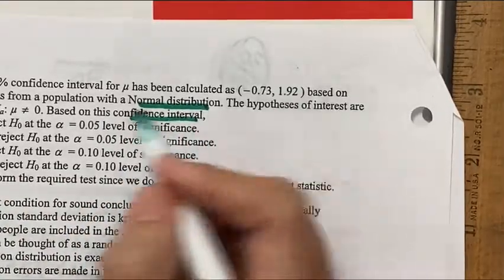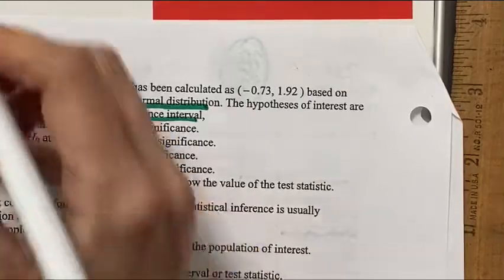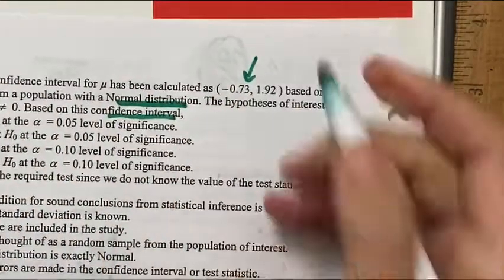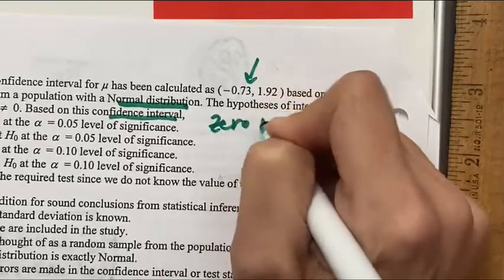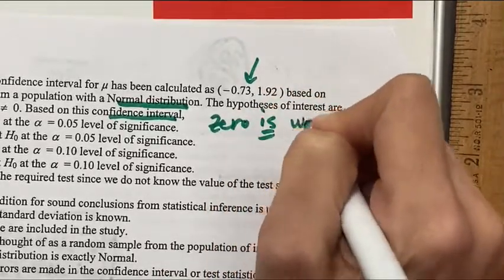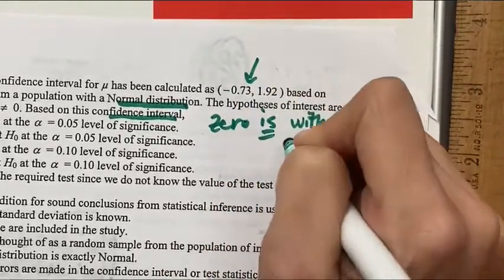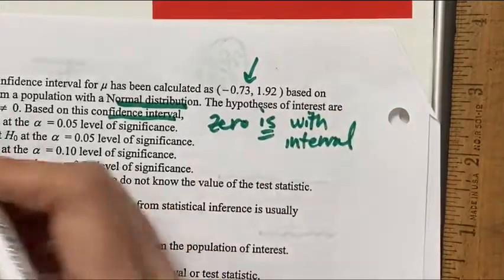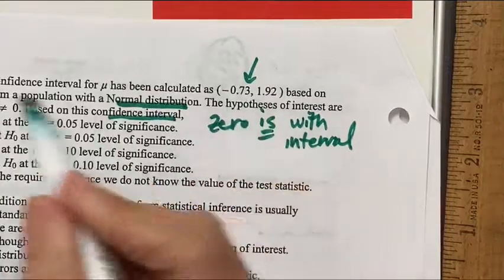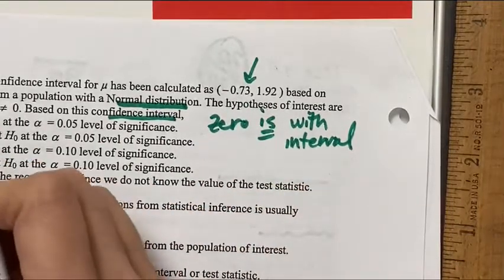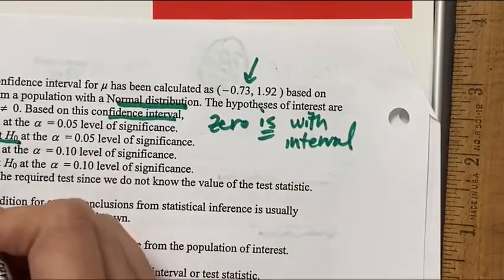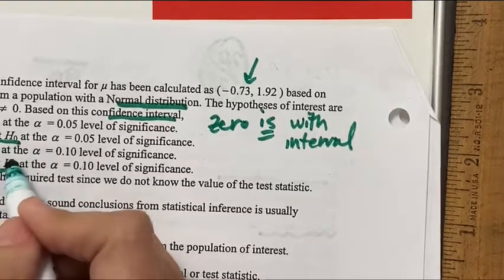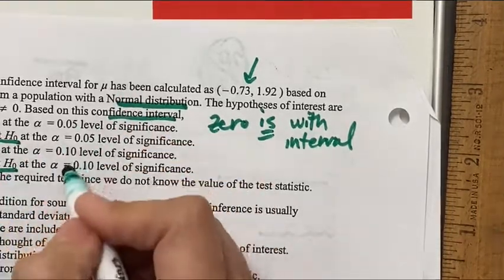Okay, so based on this confidence interval, we're looking to see if the truth lies somewhere in between here. And it is. 0, our truth, is within the interval. So we should not reject the null. In fact, this evidence supports it. At which level, though?